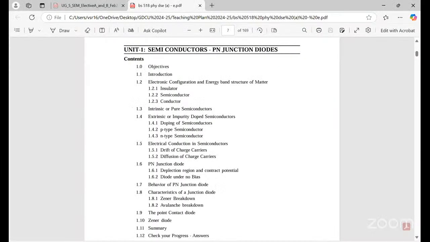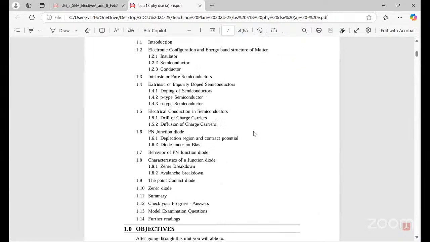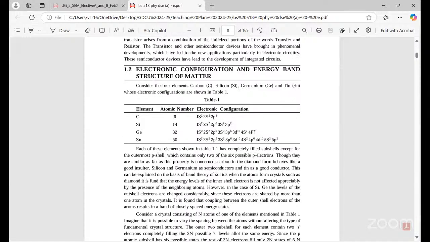According to our syllabus, in semiconductors we discussed what is p-type and what is n-type. This is the energy band structure for different atoms: carbon, silicon, germanium, and tin, with atomic number 50.